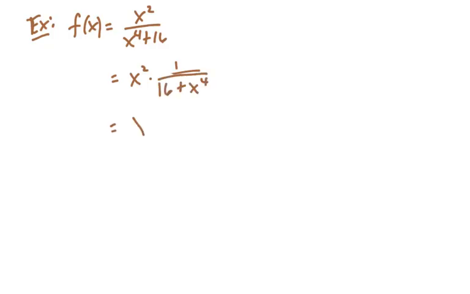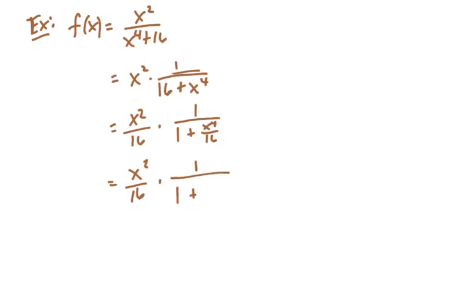So we're going to factor out a 16. And then we can add the negative instead of the positive down there. So we have 1 over 1 plus, or that's a minus, 1 minus negative x to the fourth over 16.